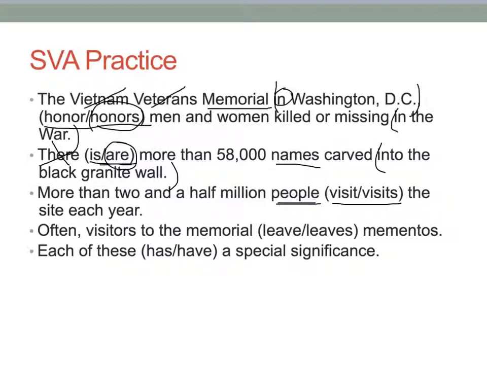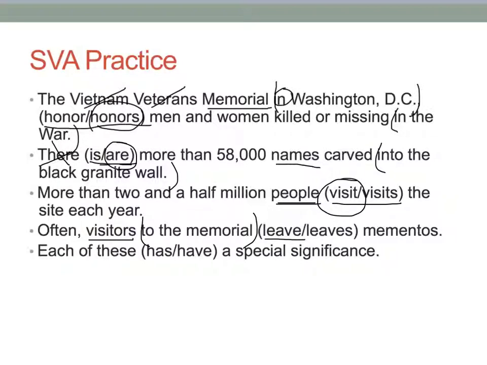So the correct answer, third person of the plural, remember it doesn't take the S. More than 2.5 million people visit the site each year. Fourth sentence, often visitors to the memorial leave or leaves mementos. Let's get rid of that prepositional phrase. So our verb is leave or leaves. We say who or what leave or leaves. Visitors. Visitors leave. Third person of the plural. Again, it's the form without the S.